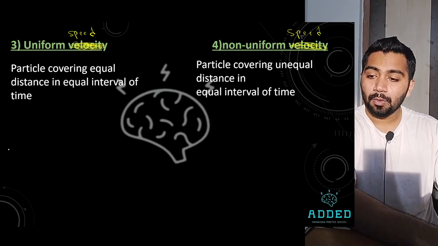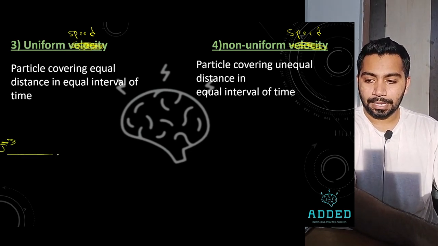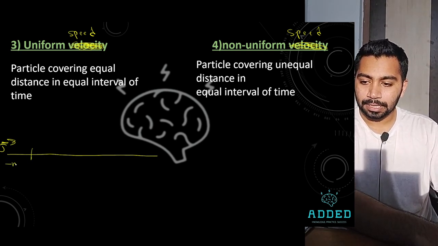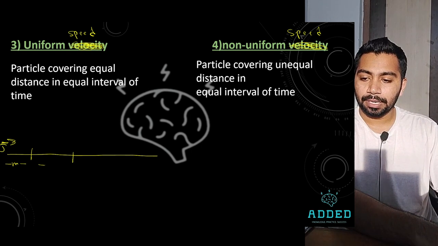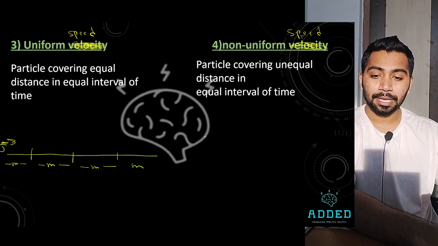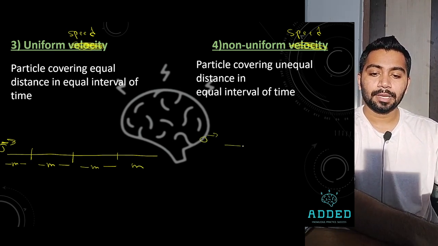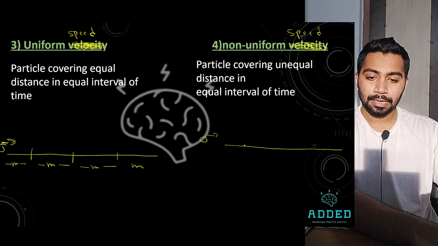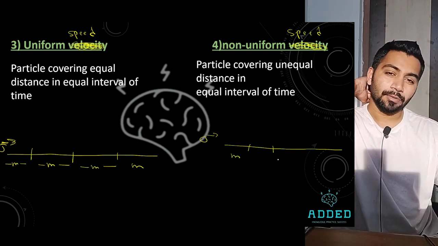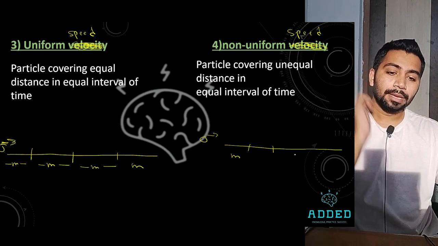Now see, if it is your particle, and it is your full distance. Let's say this is 1 meter, and this is a meter, and this is a meter. Similarly here, let's say it is a particle covering some distance.